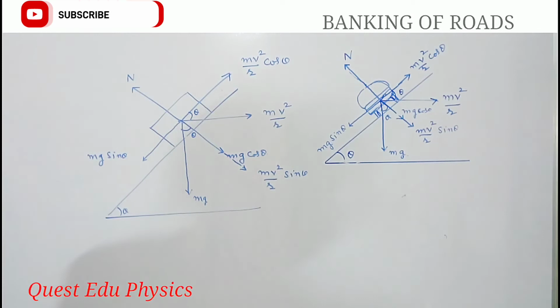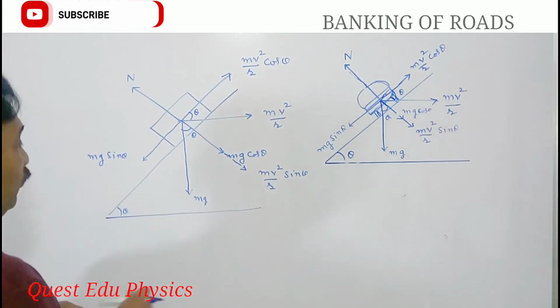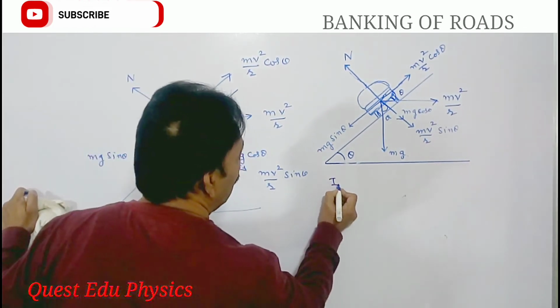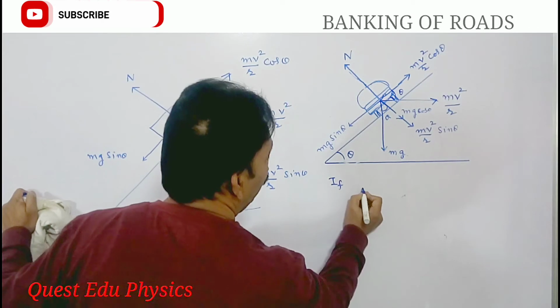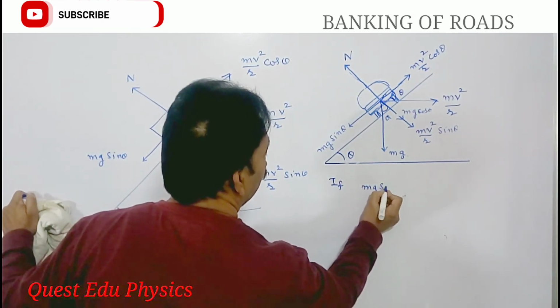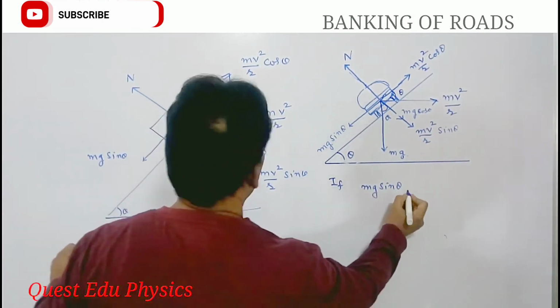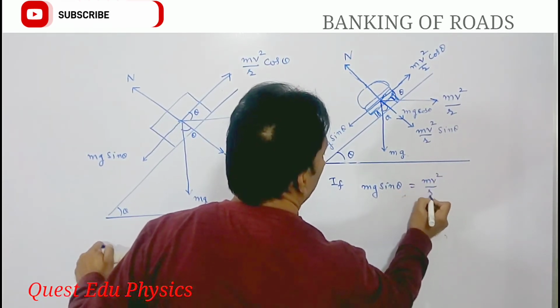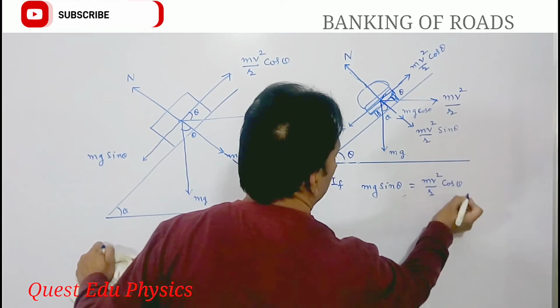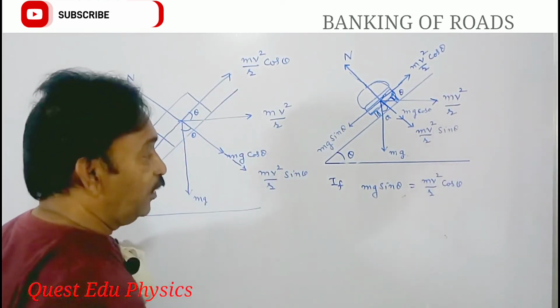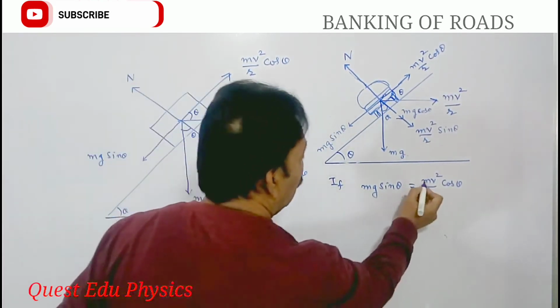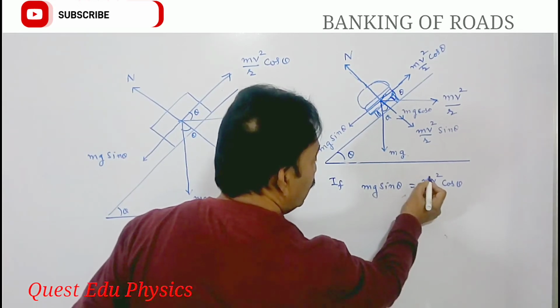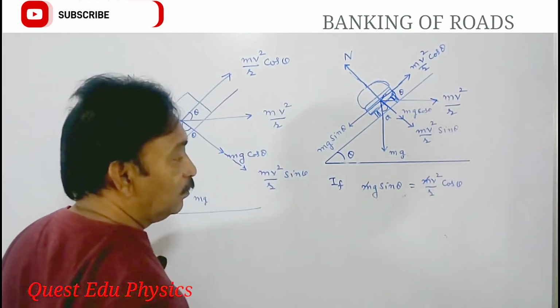Okay, let's take such kind of one instance. I am giving the condition, if mg sin theta is equal to mv square by r cos theta, then the vehicle moves safely, I said. We will write an equation by taking these values. m gets cancelled.